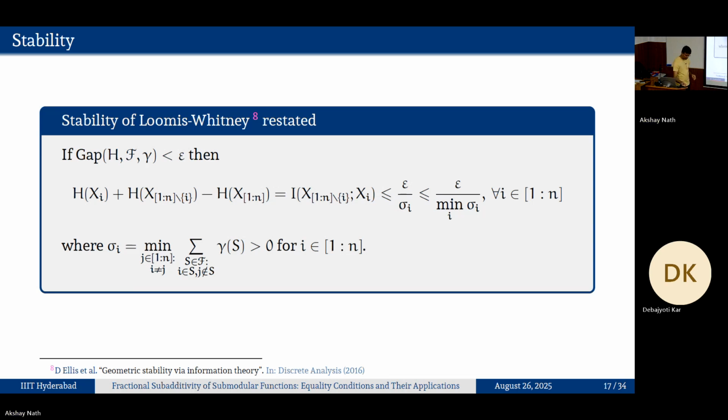You understand what happens when the equality holds. Now I ask you what happens if the equality almost holds. For example, if the equality holds, what I have is a box. But what happens if it is almost equal? Does it say that it's almost a box? It is true that it's almost a box, but that requires a non-trivial proof.